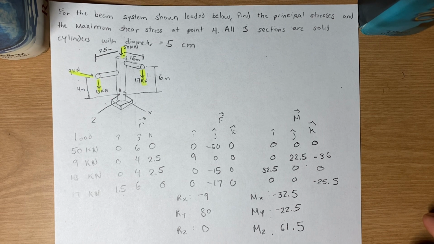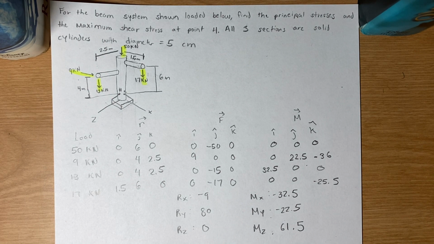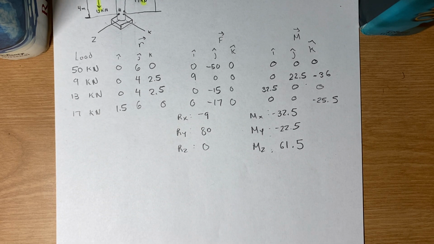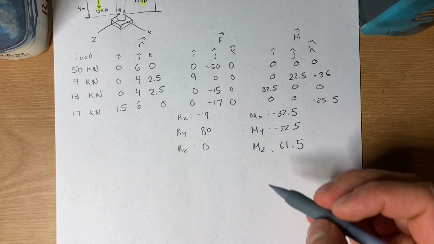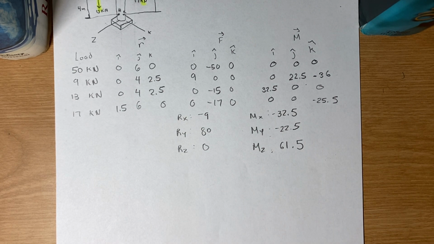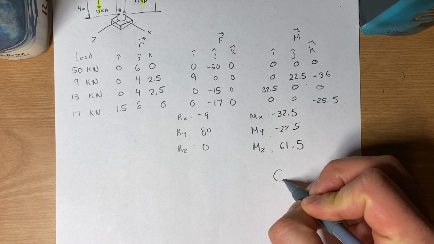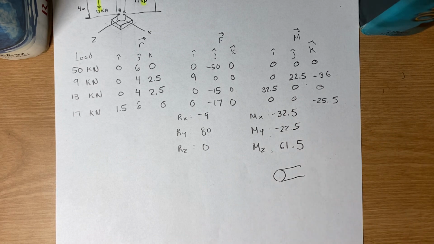With that being said, when we have a combined loading problem, our first step is to make a transverse cut at our point of interest. Before I do that, I just want to explain what an axial load is and a transverse shear. This helped me a lot.